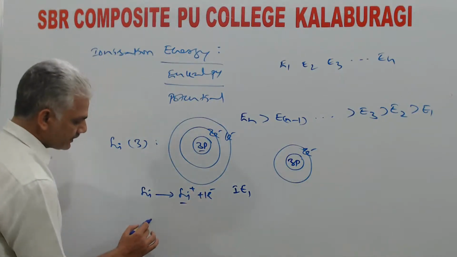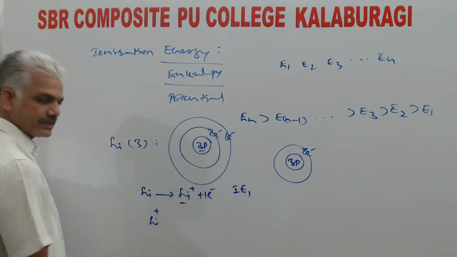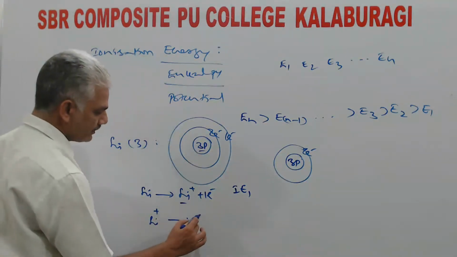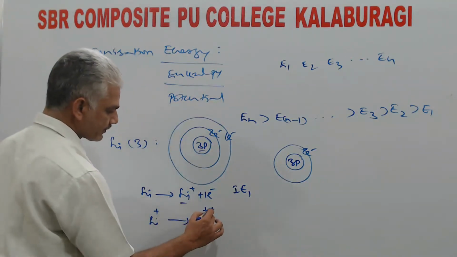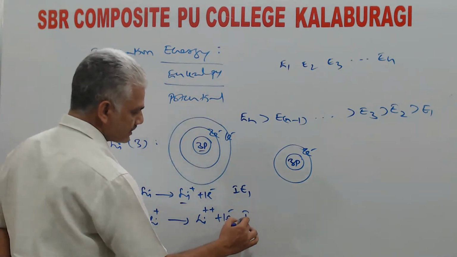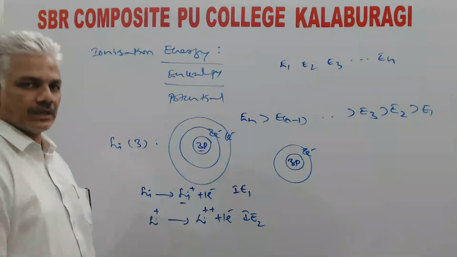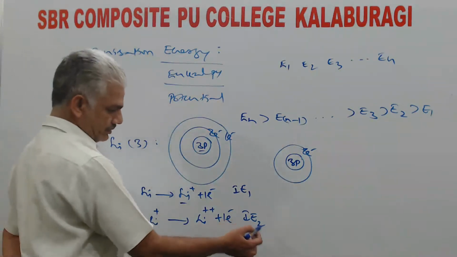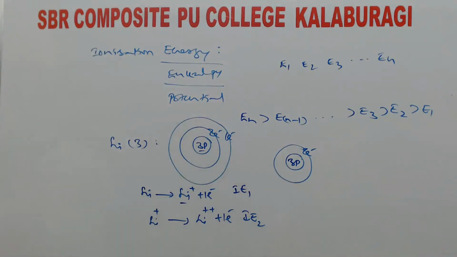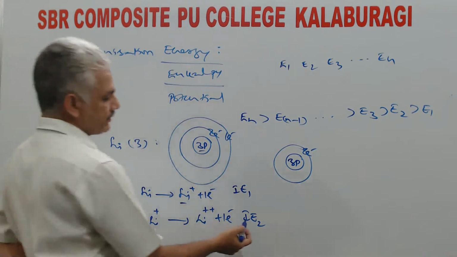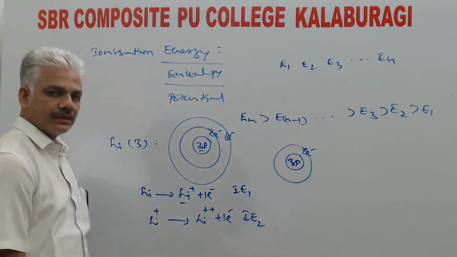So, suppose from this unipositively charged lithium ion, you want to take out 1 more electron. The energy required will be IE2, the second ionization energy. IE2 value will be higher than IE1.